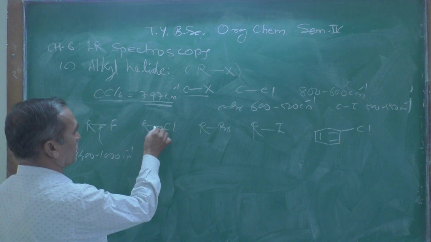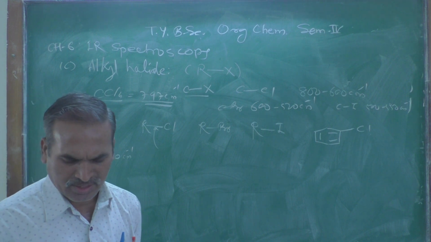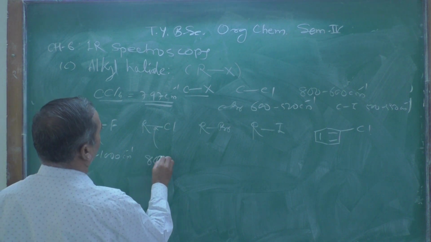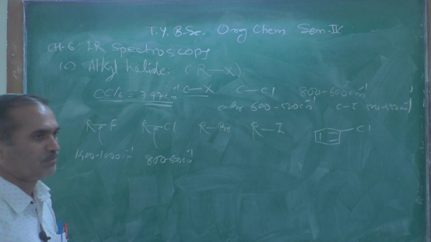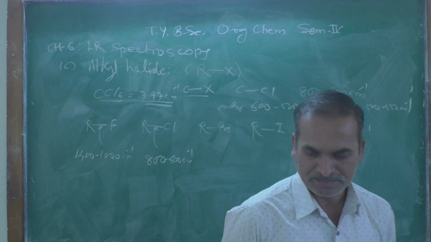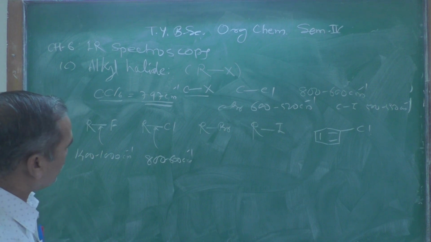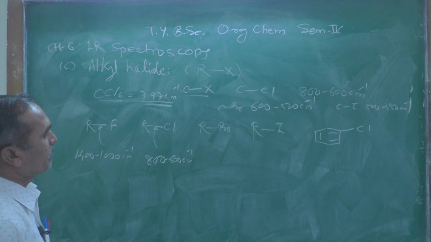Let's see here the alkyl chloride. If it is present, the peak appears around 800 to 600 per centimeter, which is a prominent peak observed in an organic compound if there is a chlorine atom present.